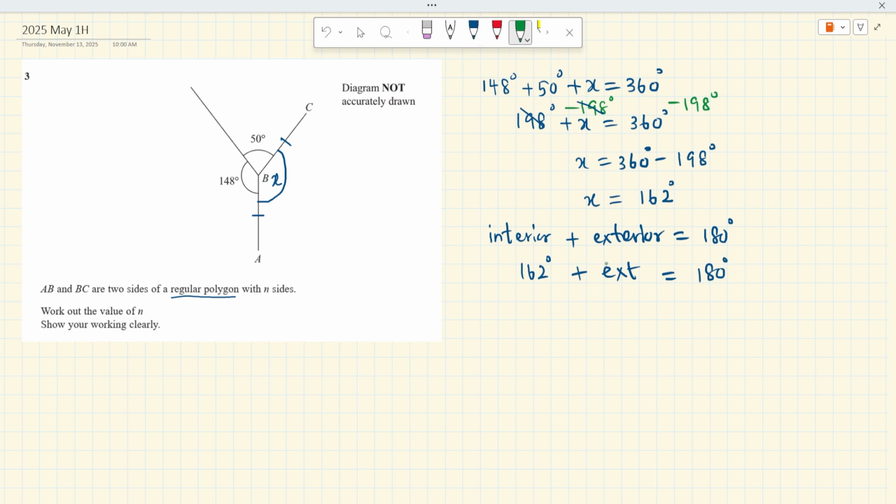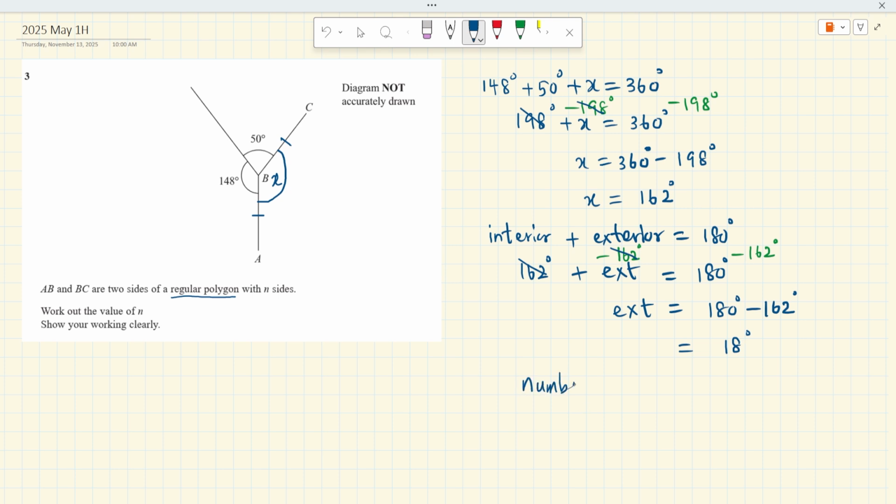I can subtract 162 from both sides. 162 gets cancelled. Exterior angle equals 180 minus 162. That is 18.